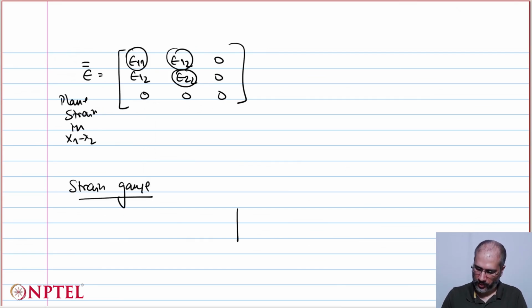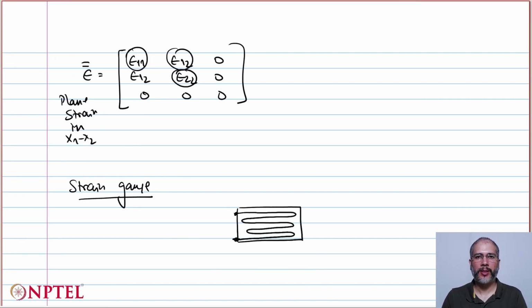So a strain gauge looks like a thin strip which can be stuck to a surface, and this strip has an electrical wire inside it, a very thin wire, which comes in and comes out at these two discrete points, and the wire is extremely long. As you can see, it goes through a tortuous path in this small strain gauge.